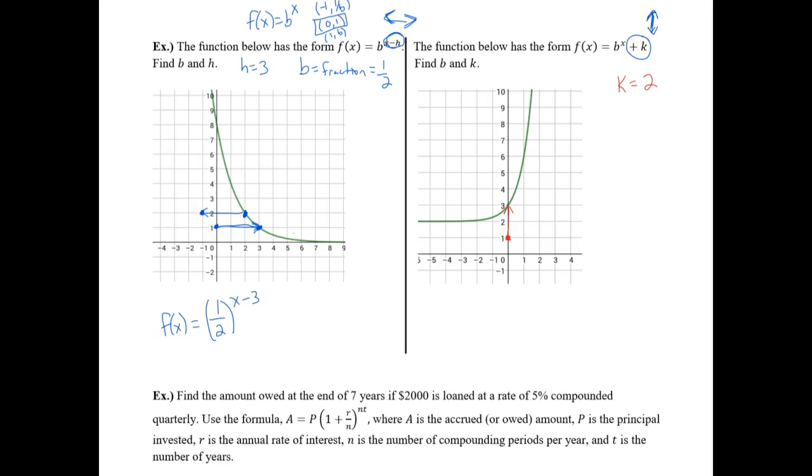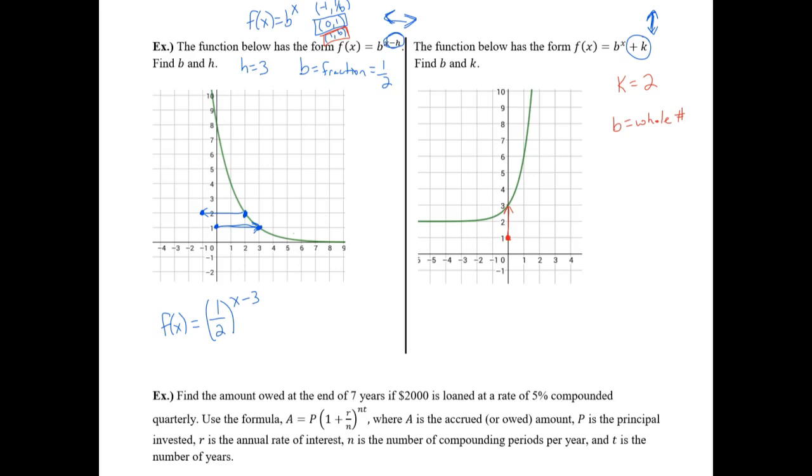Now we have to find our b. So because this is moving upward from left to right, increasing, we know b is going to be a whole number. It's not a fraction. And we can find that value by looking at the point 1, b, right? Again, because it's not a fraction, we're going to use the 1, b.